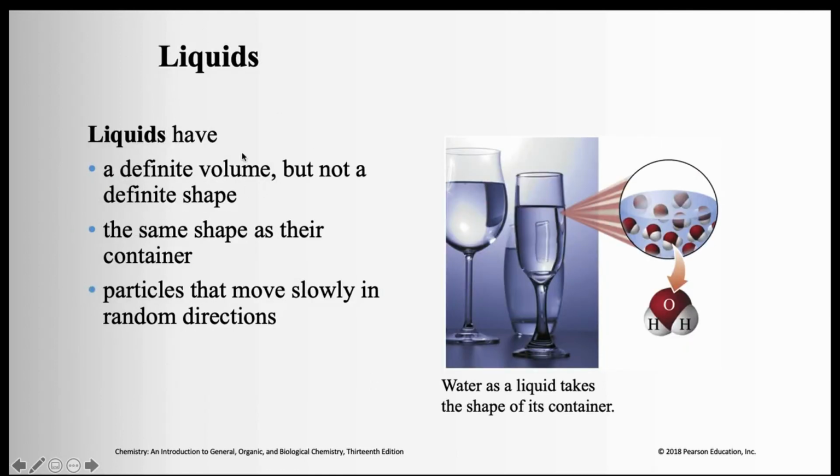Liquids have a definite volume, but they don't have a definite shape. They are poured. They take the shape of the container they're in. This is a characteristic of a liquid that changes from a solid. They take the same shape as the container, whereas solids do not. They have particles that move slowly in random directions.